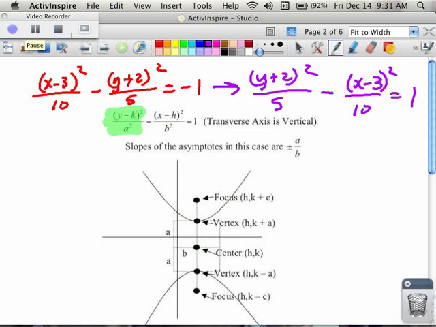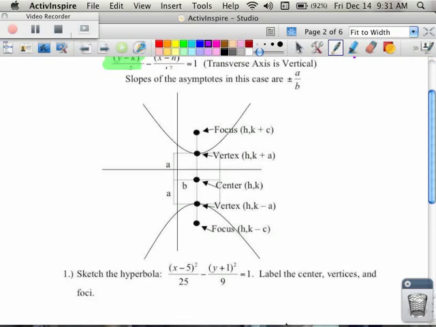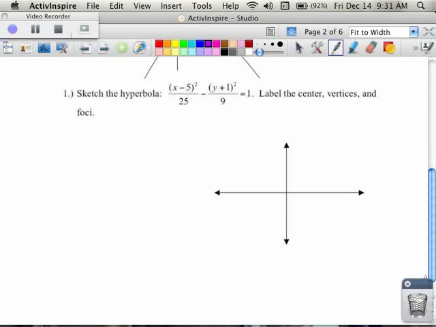All right, let's try some problems because, as usual, that's what I believe works best to understand this material. So look at number 1. In number 1, I notice that we have an x squared thing, a y squared thing, there's a minus in the middle, and it's equal to 1. That's what tells me I have a hyperbola. Which thing comes first and is positive?